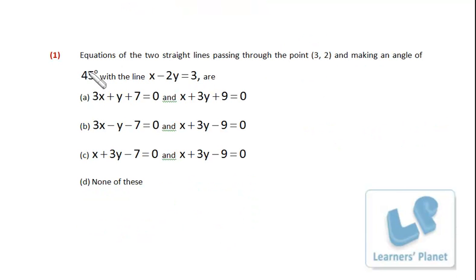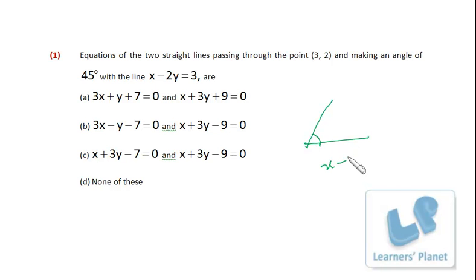Now, the equation of two straight lines passing through this point and making an angle of 45 degrees with this line. See, this is the situation. We have to find the equation of two straight lines passing through the point (3, 2) and making an angle of 45 degrees with this line.